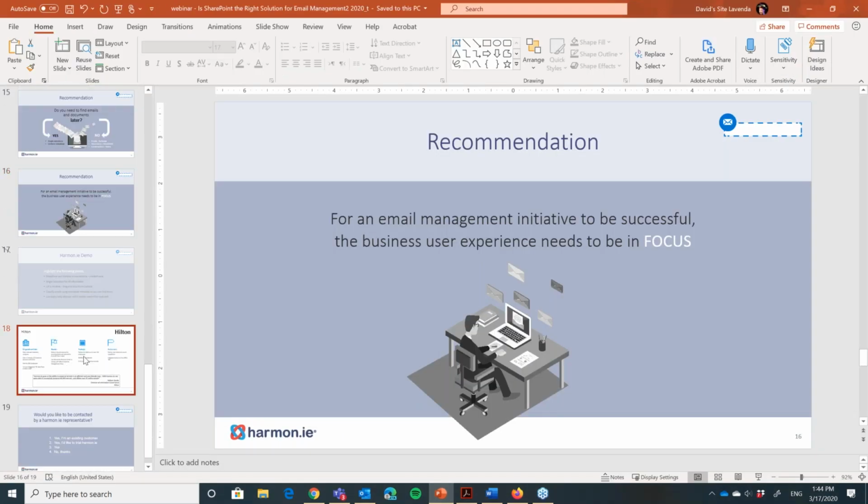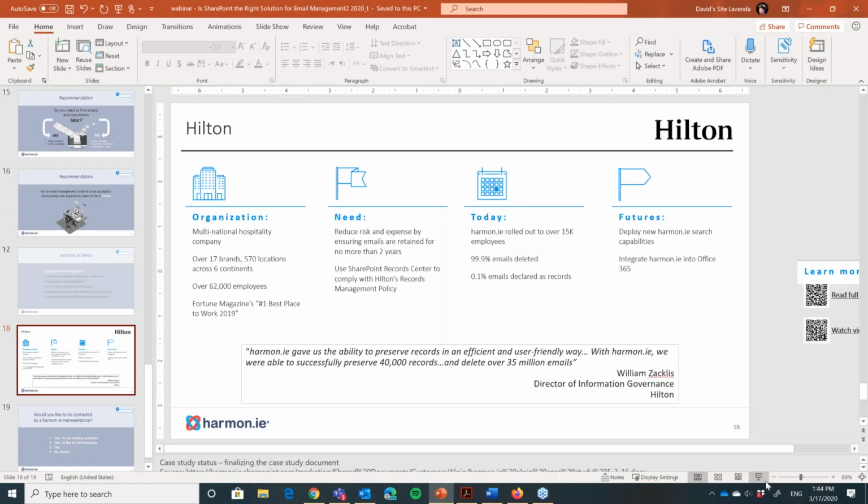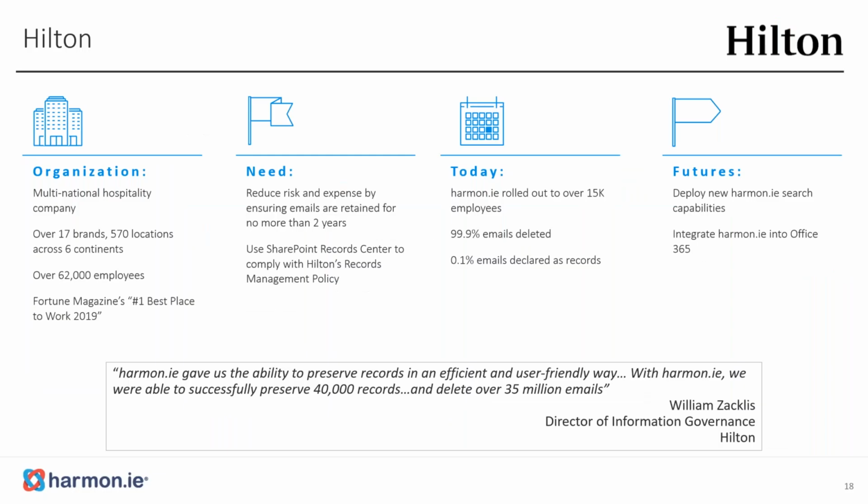One other thing I wanted to mention before we turn it back over. One of the customers, Hilton, is using Harmony for email and records management. Huge company. In their case, they were looking to reduce the amount of email that they kept, so over-retention was the big problem there.